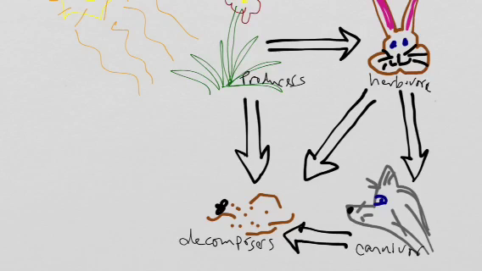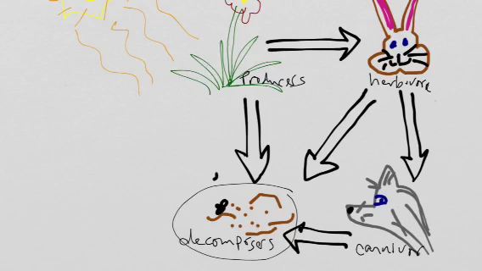Now, this is not a cycle yet. Why is that? Because it doesn't go back to the sun. Well, nothing goes back to the sun because the sun is off this planet. But in turn, these decomposers, these little microorganisms down here, will make some energy. They will make nutrients by breaking down all living things back down to their atomic level.